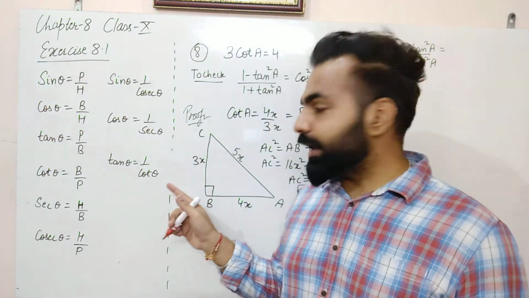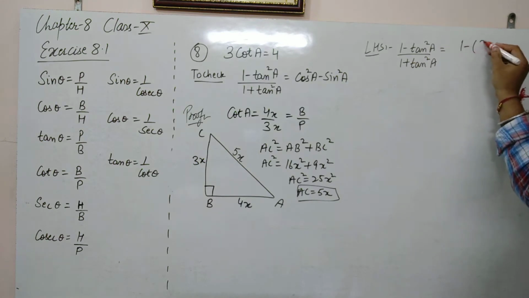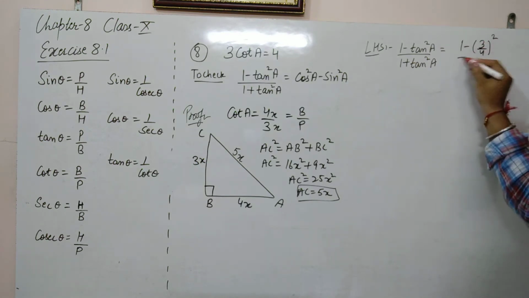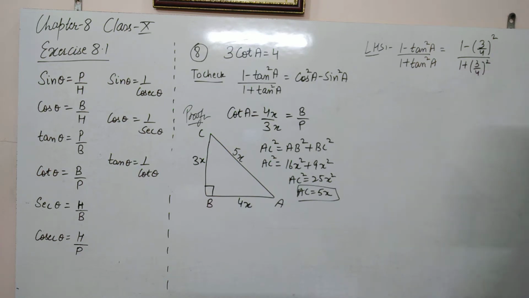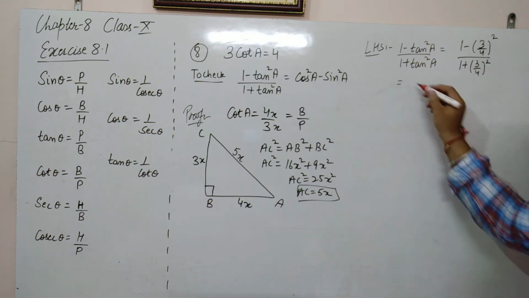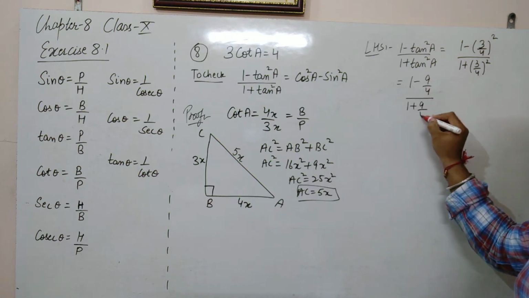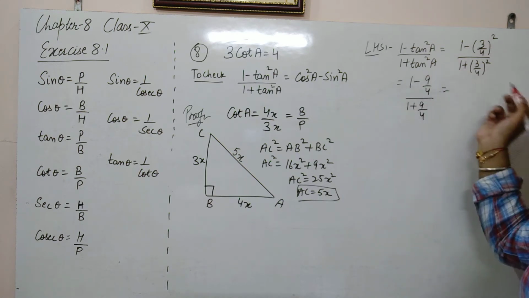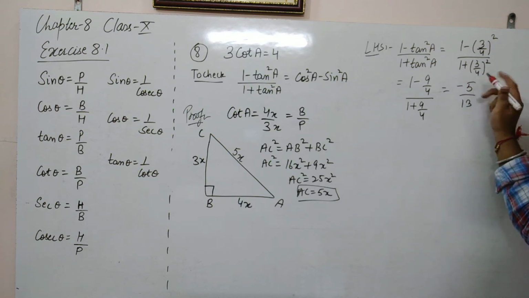Tan is P by B, that means 3 by 4. So 1 minus (3 by 4) square upon 1 plus (3 by 4) square. This will be equal to 1 minus 9 by 4, upon 1 plus 9 by 4, which will be equal to minus 5 by 13.